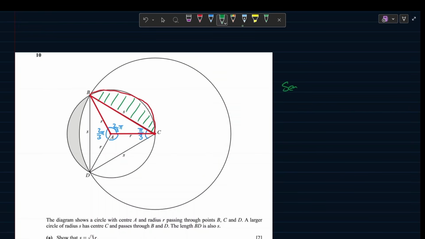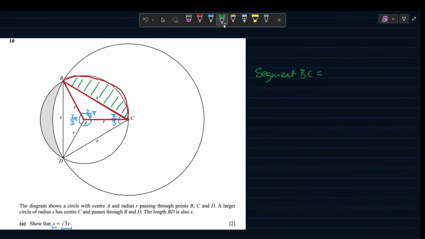So segment BC is going to be my sector ABC minus triangle ABC. Okay, so as we discussed earlier, sector area is half r squared theta. So half times, here our radius is this r because we're dealing with a small circle, not the big circle. So half times r squared times theta. Our theta is the angle inside your pizza slice. In this case, that's the 2/3 pi.